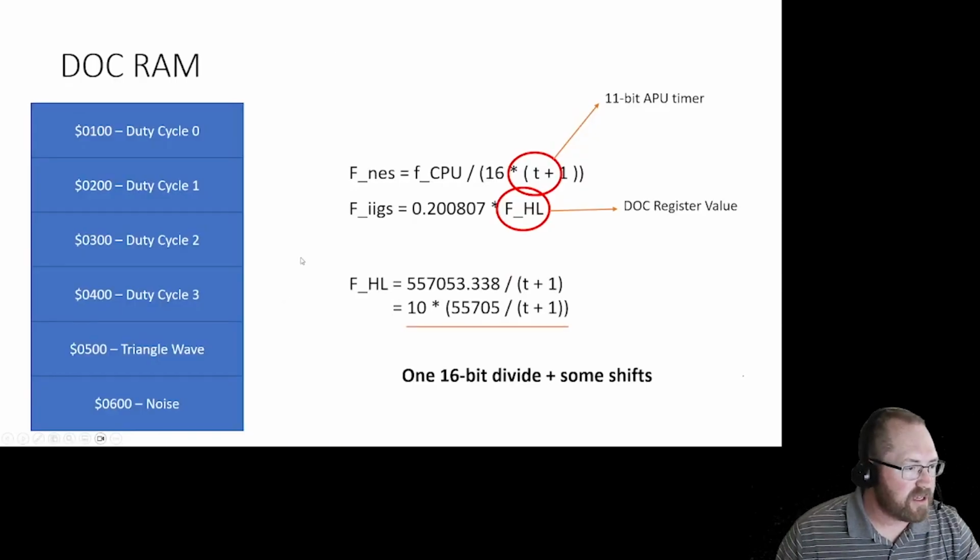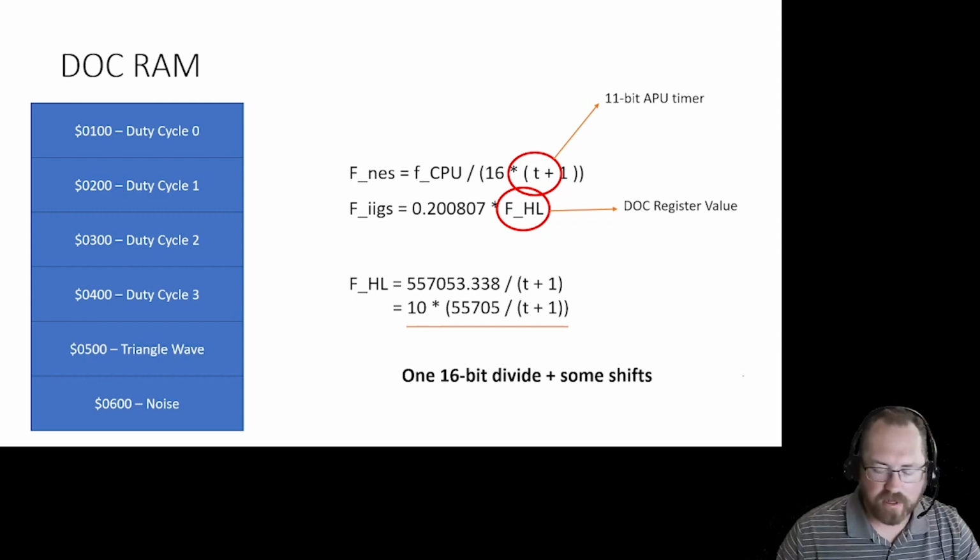The trickiest thing when I was implementing the audio part was figuring out what the right frequency was. On the Nintendo, the frequency is tied to the CPU rate and that 11-bit timer I was talking about, which doesn't exist on the noise channel, where it's the value that comes from that lookup table.